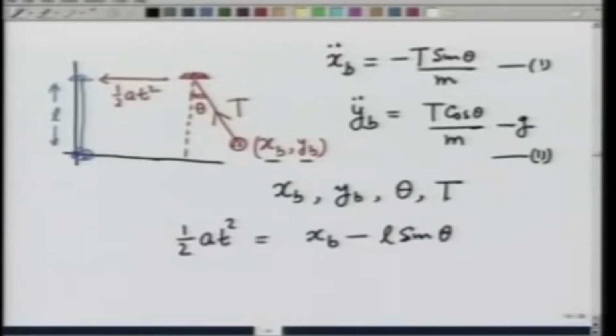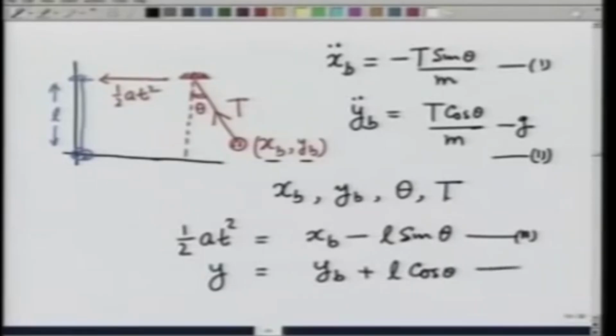Similarly, I am going to have y of the support equal to y b plus L cosine of theta. This is my equation 3 and equation 4. I have gotten 4 equations, 4 unknowns, and I can solve for them. So let us do that. Let me rewrite the equations once more and then we will solve for the problem.